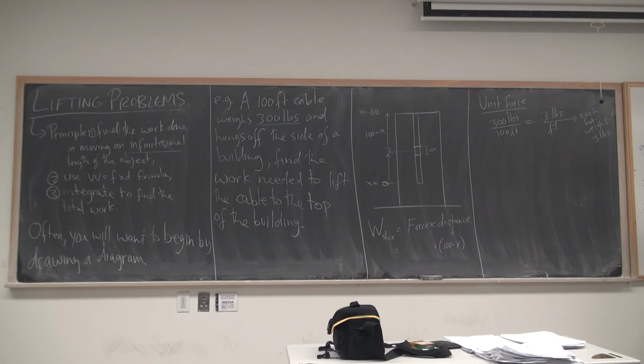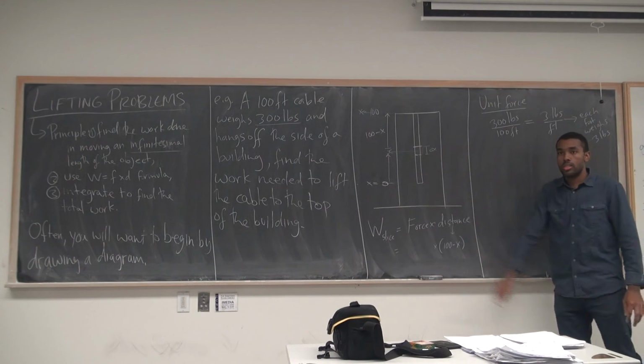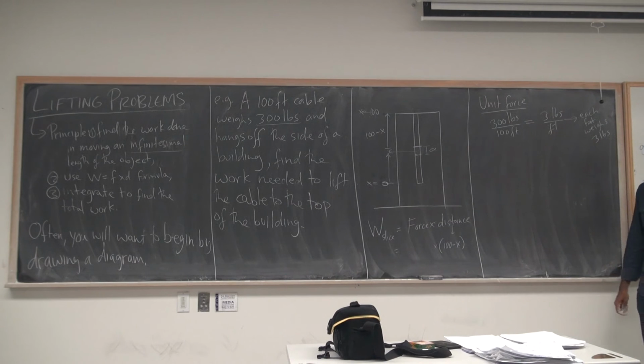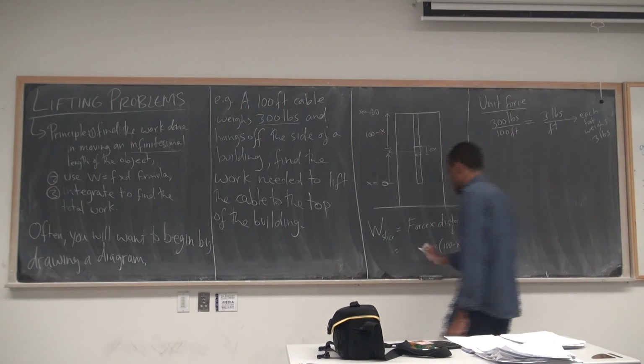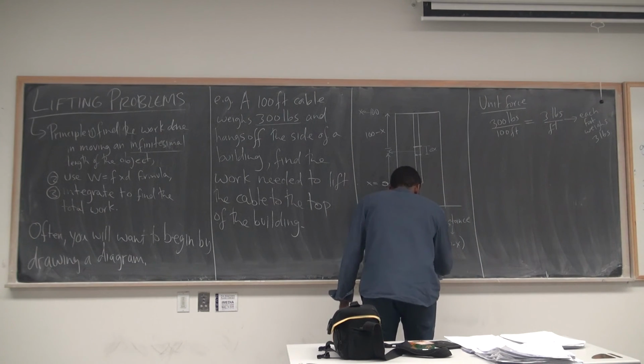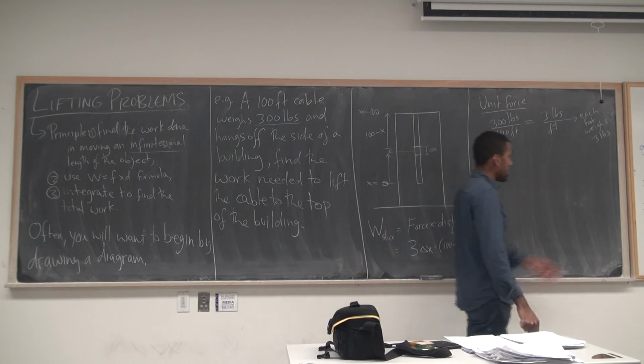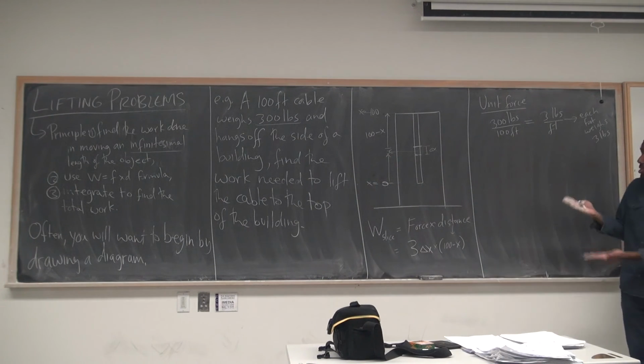How much does delta x feet exert? 3 times delta x. Just think of how much 1 foot weighs and multiply by whatever the length is. For example, 2 feet weighs 2 times 3, which is 6 pounds. 3 feet weighs 3 times 3, which is 9 pounds. Whatever the length, you multiply by the unit force, and it tells you how much force is applied to that distance.